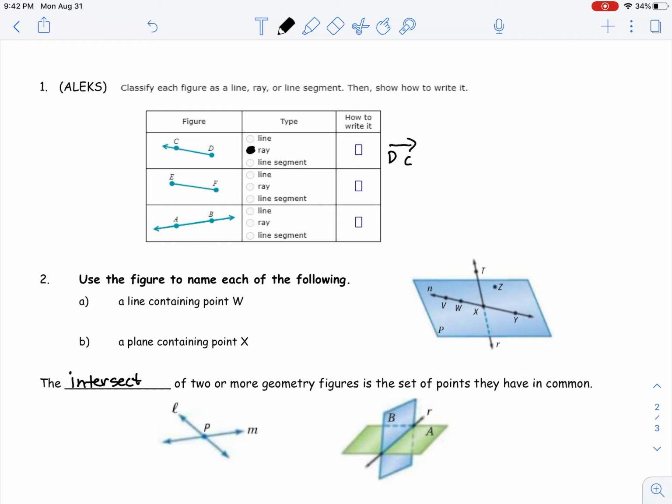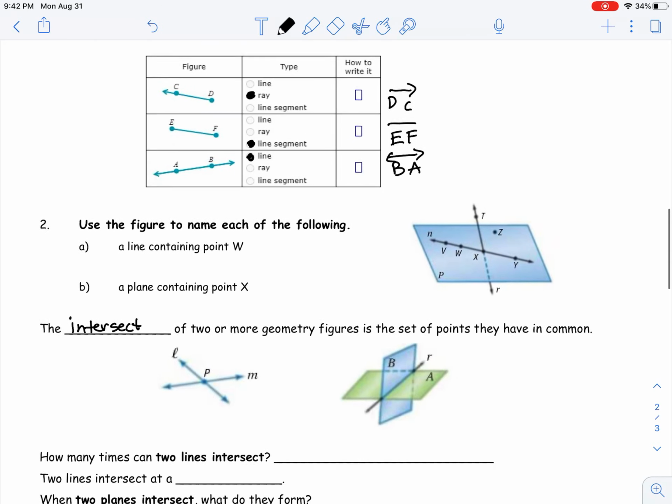We could go FE or EF, because there's no arrows above what we're writing there. This is a line segment. And then the line here has both arrows. And again, we could go, I'm going to do it backwards this time, BA. That is okay to do because it's not a ray. The ray is the only one that really matters because it has an arrow going in one direction.